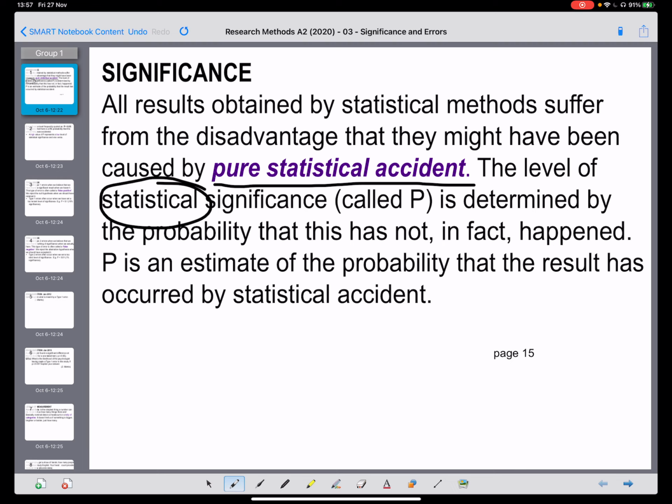One of the ways we refer to significance is by using probability. So we're going to talk about the probability that my research has collected data that was pure statistical accident.